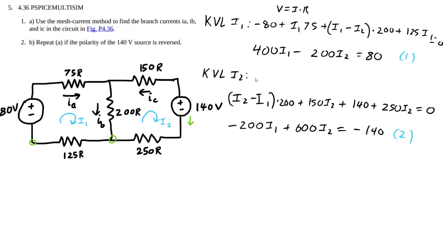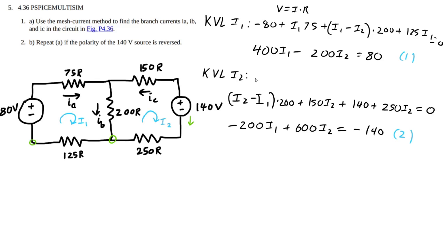Okay, so now we can use any way that you want to do to solve a linear equation to figure out these values for I1 and I2, our mesh currents. So I'm going to use my calculator once again, so I'm most comfortable doing it this way. But you can do substitution, elimination, etc. It's all up to you. There's 80.